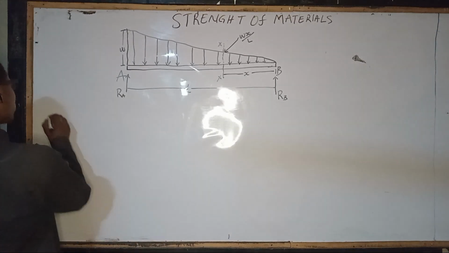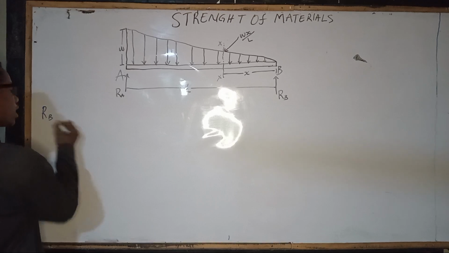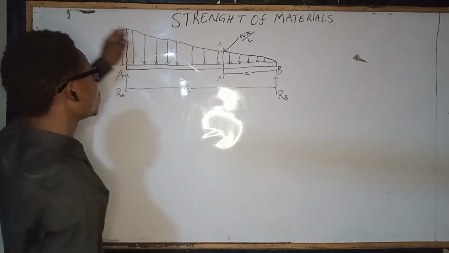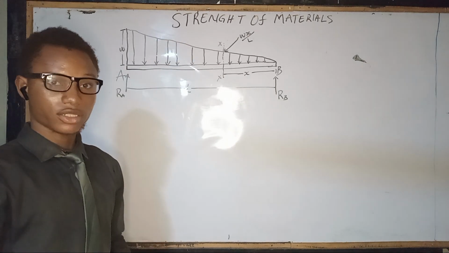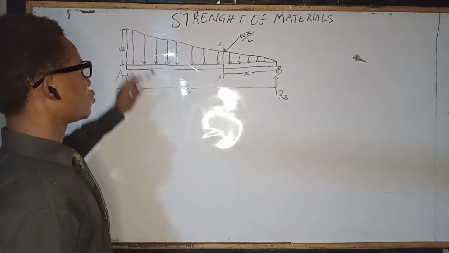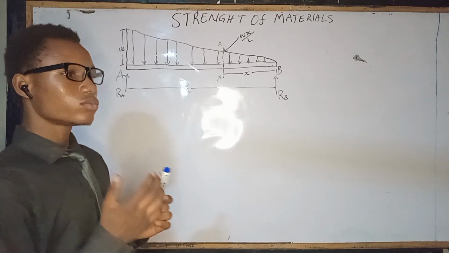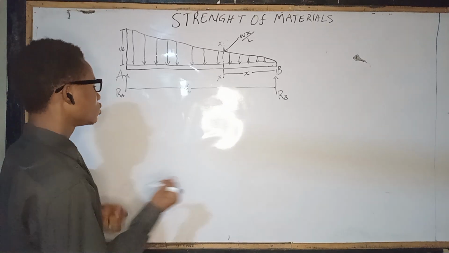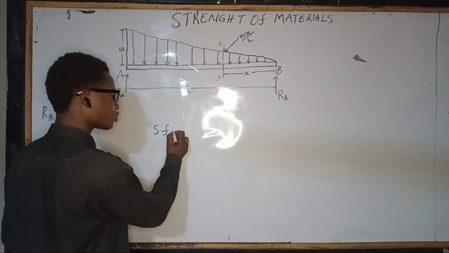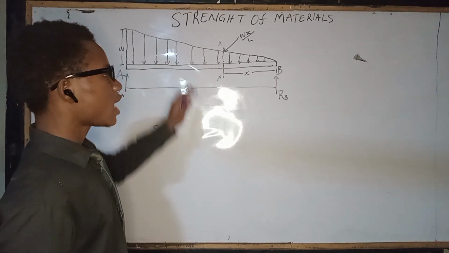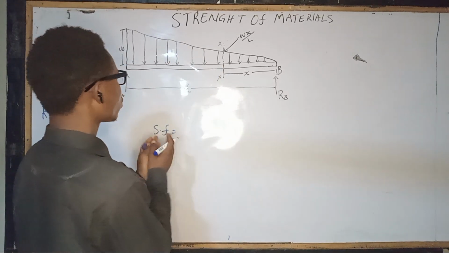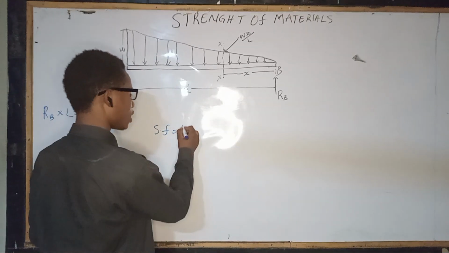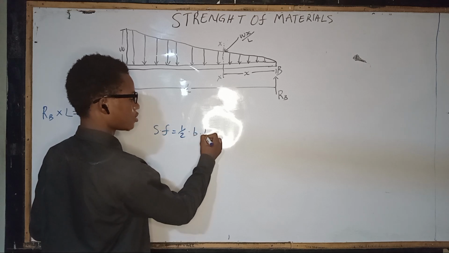So now looking for our reaction at B, our reaction at B times the total length L will be equal to the bending moment of this uniformly increasing load. For a uniformly increasing load, take note that the shearing force is the area of the triangle, the section of the triangle you are dealing with, which is half base times height.